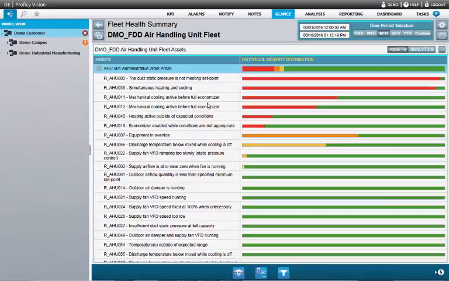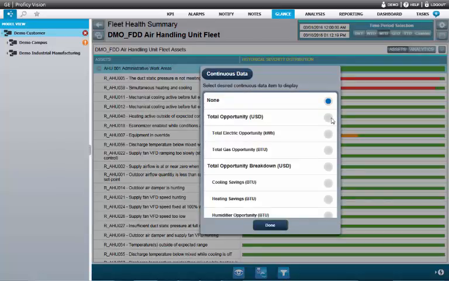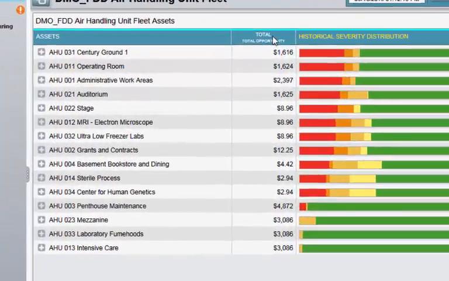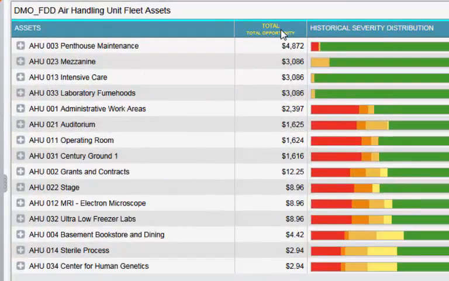And so one final area of prioritization that we provide with the analytics is energy savings or opportunity savings right out of the box. So just by clicking this filter button, we can expose out any analytics that may have energy savings associated with them. And by clicking on that column that shows up, the energy savings, you can actually sort the list of air handlers by which one has the most amount of energy savings opportunity.